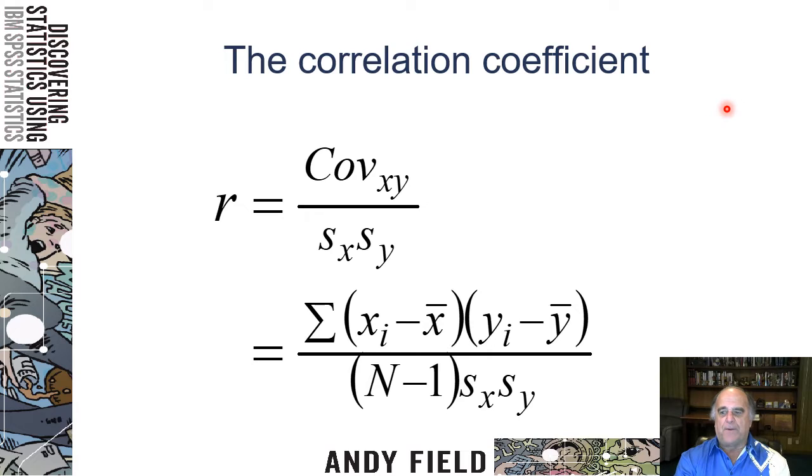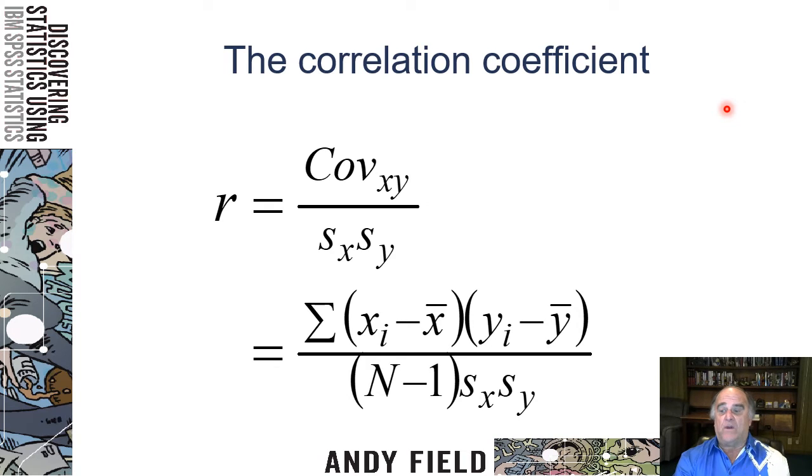So, for example, a lot of psychometric or test software will use n rather than n minus 1. But that's something you just need to be aware of. There's a slight difference between the formula for the sample correlation coefficient and the population correlation coefficient.